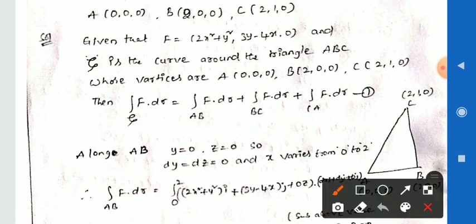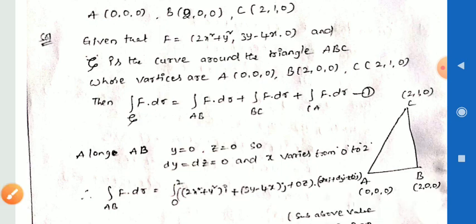And I have drawn the triangle ABC. For A we have the vertex (0, 0), B is (2, 0, 0) and for C the coordinates are (2, 1, 0). Now I am calculating the line integral.